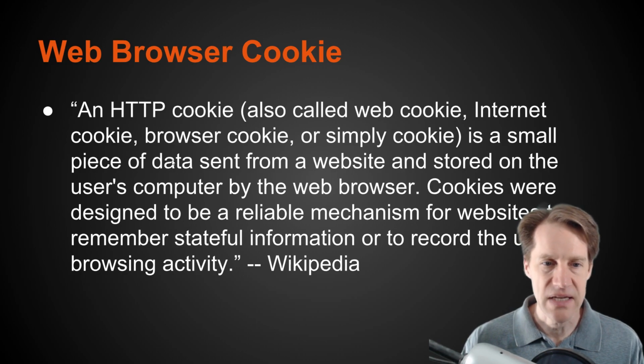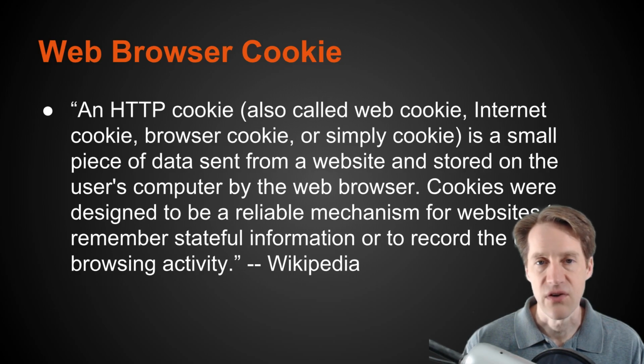It's a small piece of data sent from a website and stored on the user's computer by the web browser. So all it is just contains a little bit of information, and the web server sends it to the web browser for storage. So cookies were designed to be a reliable mechanism for websites to remember stateful information.